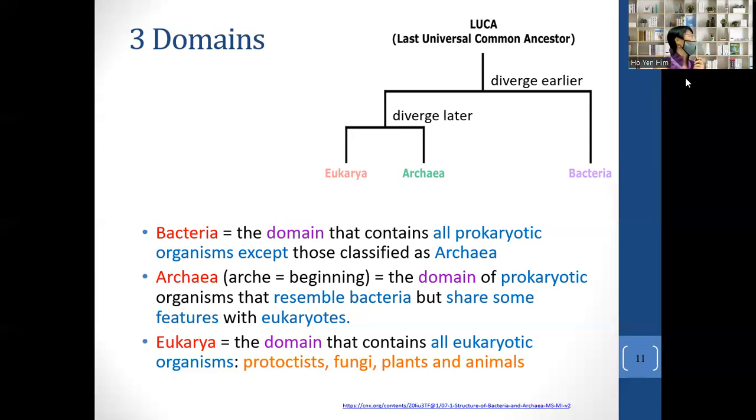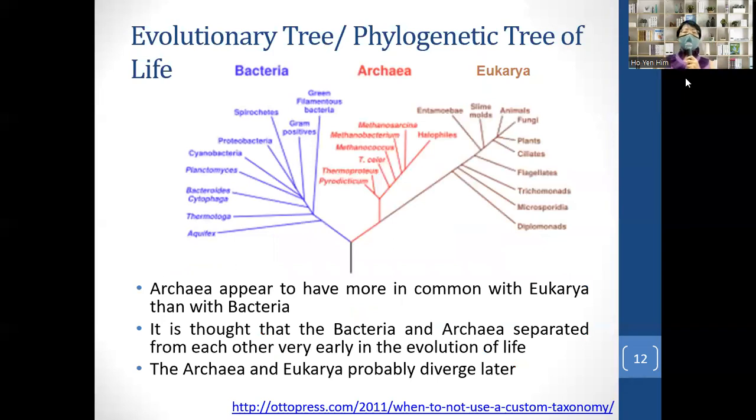Because of that, we know this one diverged later and this one diverged earlier in the history of evolution. So Eukarya are all the eukaryotes. Archaea and bacteria make up all the prokaryotes. This is called the evolutionary tree, another name being the phylogenetic tree of life.